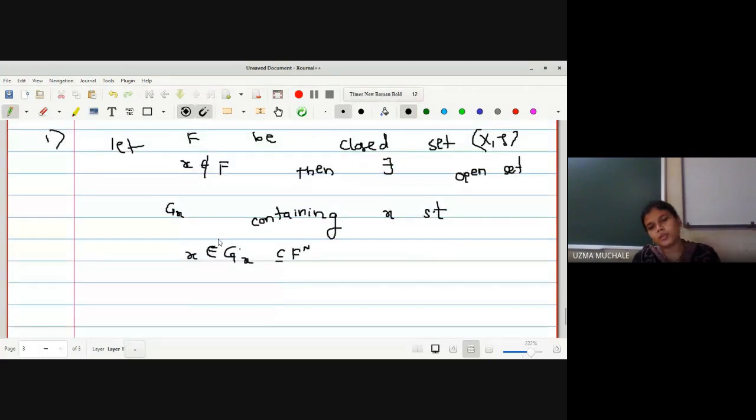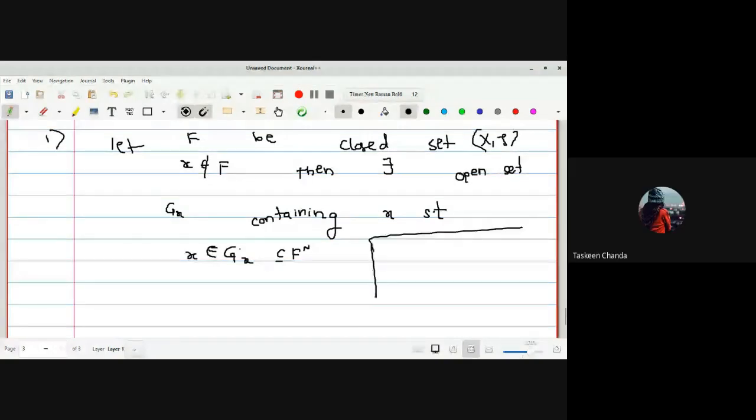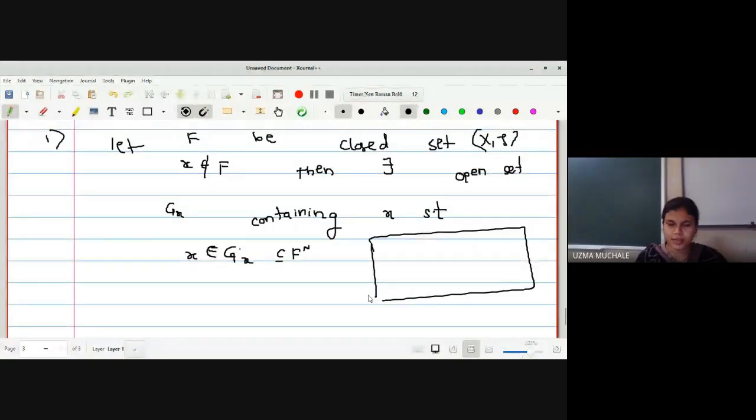Now, if F is a closed set, what will be the complement of F? Open. Right. This we have done already in our real analysis. Let X be this set. F is a closed set which does not contain the point X. Small x is not a member of capital F, so I can write small x outside.